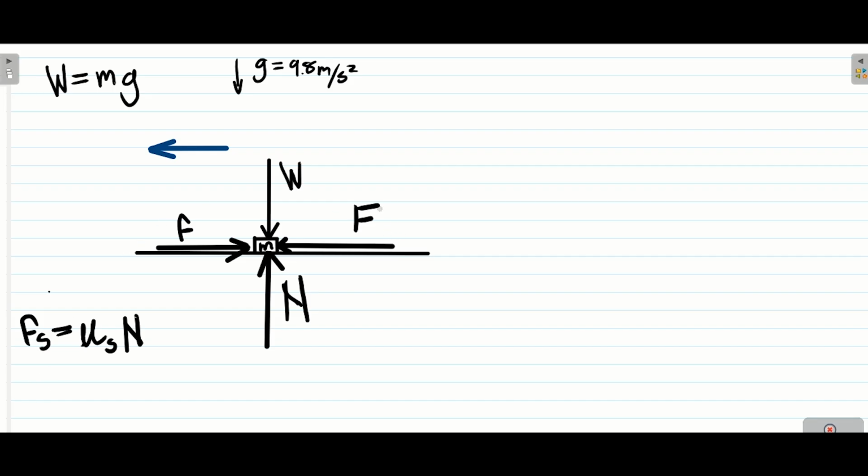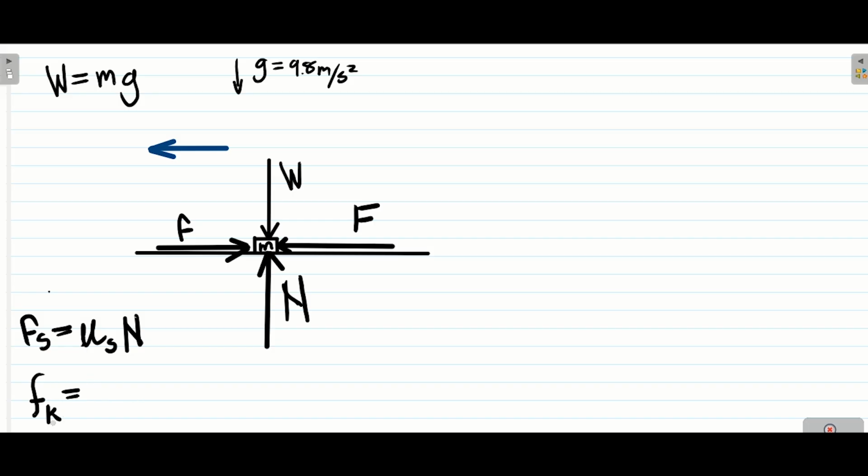Now, once this force is able to overcome that frictional force, that static force, then we have another case where f is now moving, and we denote it by k. That k stands for kinetic, and kinetic means moving.